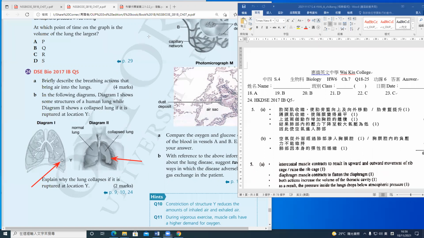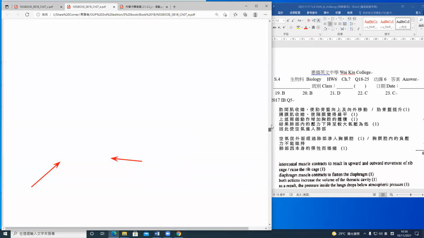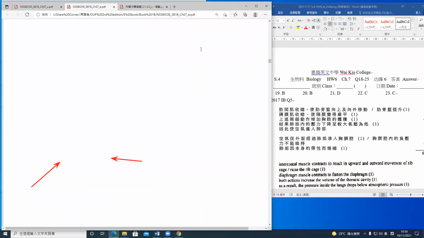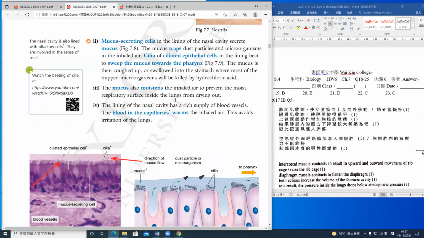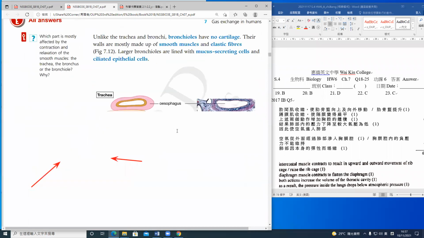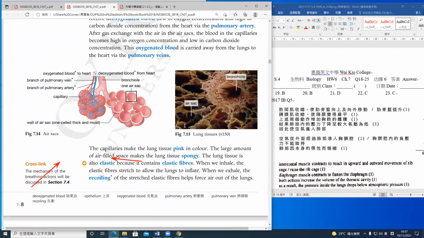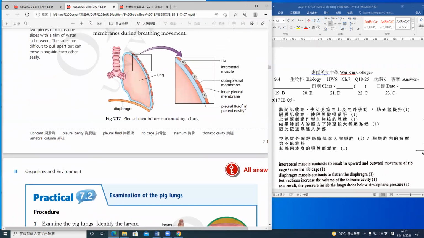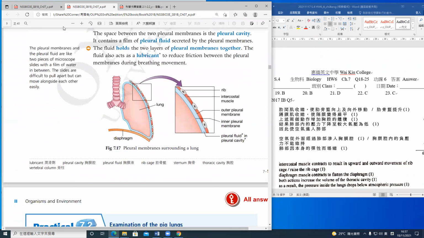Okay, so first of all, you have to understand the lung structures, and we should go to page 9 of your textbook. First of all, you have to understand the force experienced by the lung tissue.